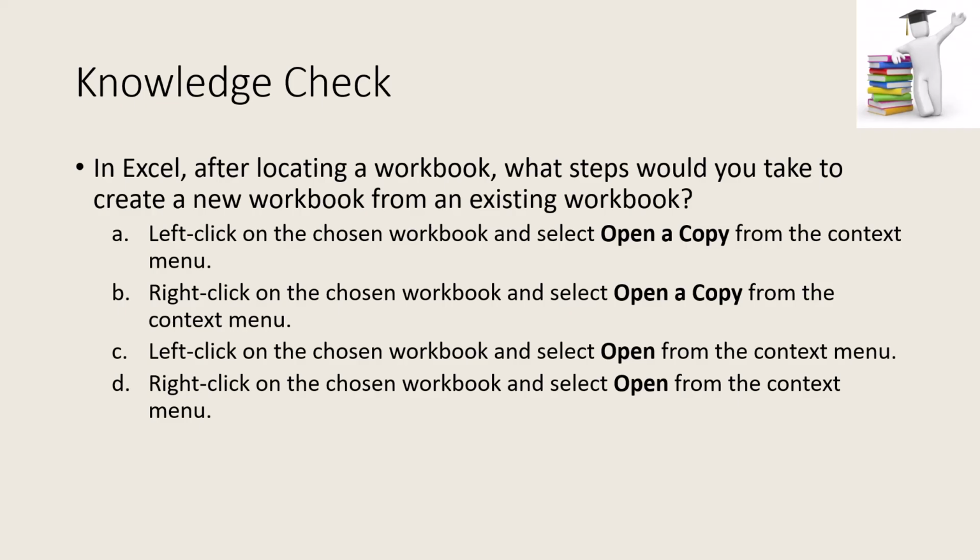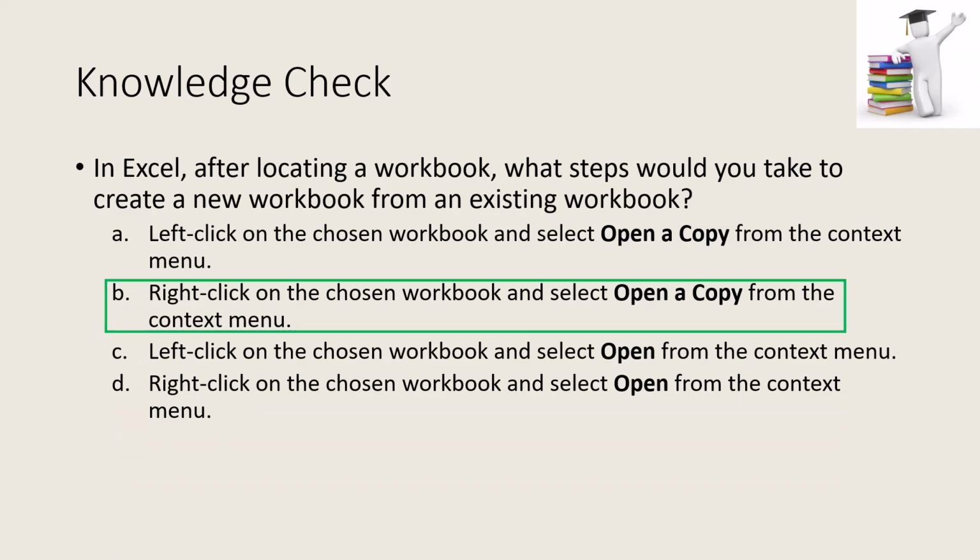C. Left-click on the chosen workbook and select Open from the context menu. D. Right-click on the chosen workbook and select Open from the context menu. Select your answer. The answer is B. Right-click on the chosen workbook and select Open a Copy from the context menu.